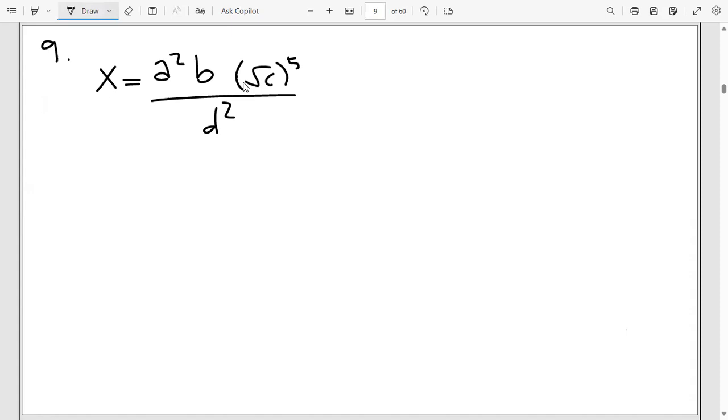And how are we going to do that? By considering their powers, or sometimes you can just call them exponents.